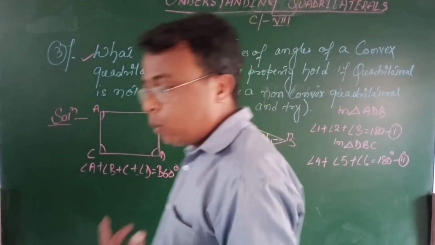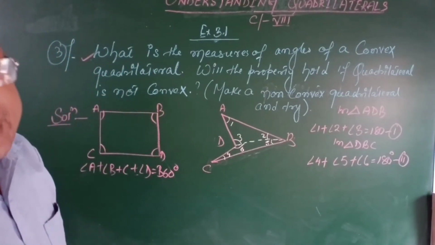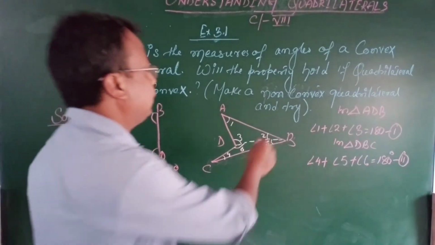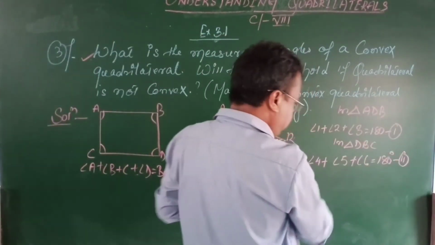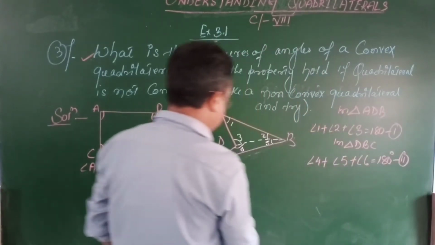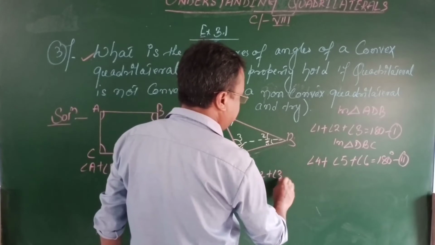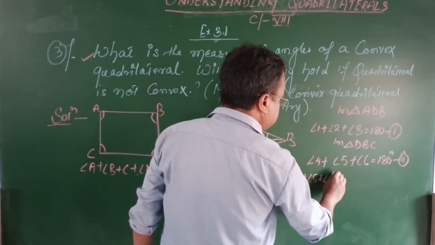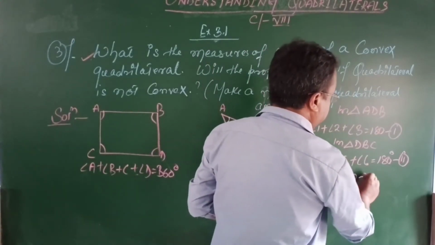Let us see whether the sum of the four angles of a non-convex quadrilateral is 360 or not. Now we have two equations. On the left side, angle 1 plus angle 2 plus angle 3 plus angle 4 plus angle 5 plus angle 6 is equal to, here 180 and here 180.